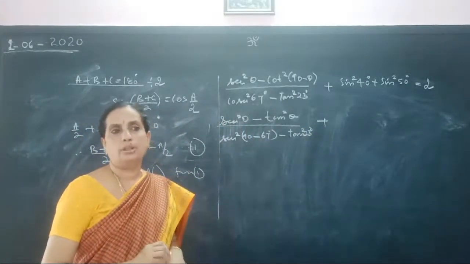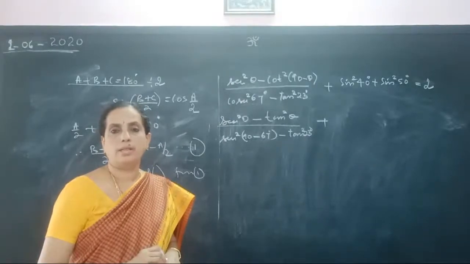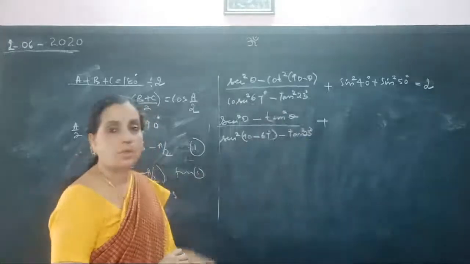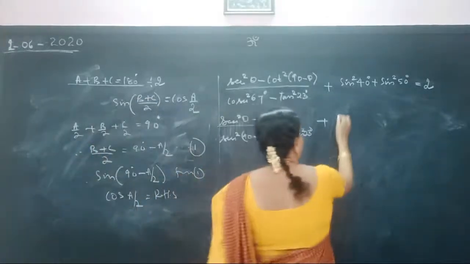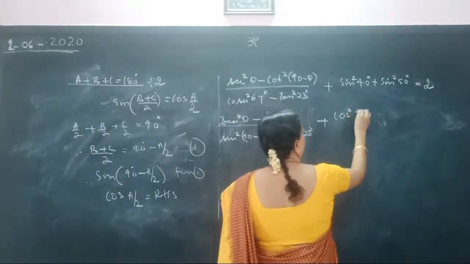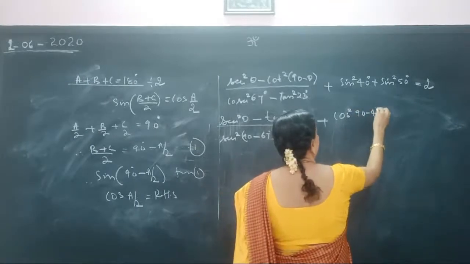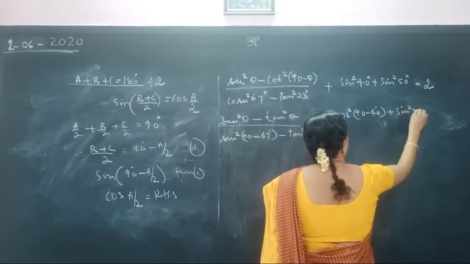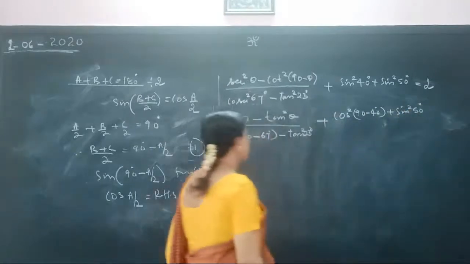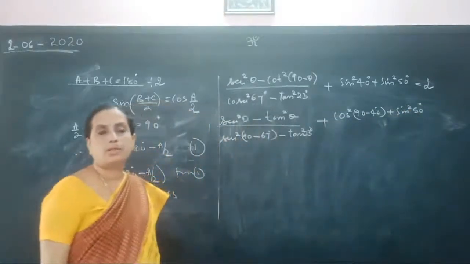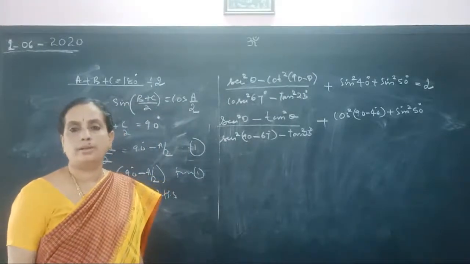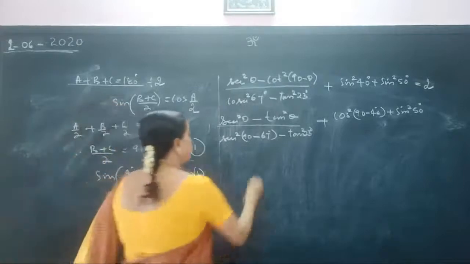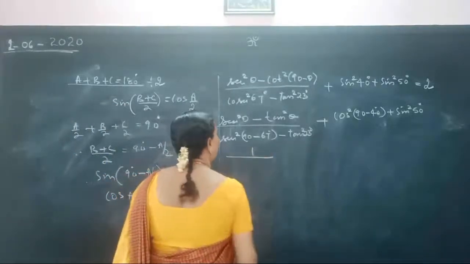Either to the one of the term, first term or second, we have to apply the complementary relation. Sin square 40 degree can be taken as cos square 90 minus 40 degree and keep the second term as it is. Next, 1 plus tan square theta is secant square theta. So secant square theta minus tan square theta is 1.